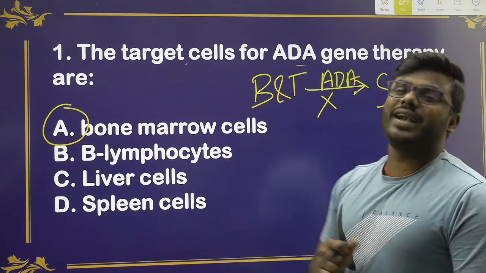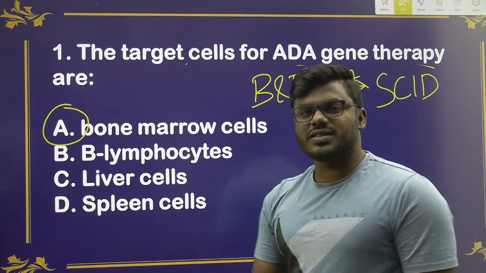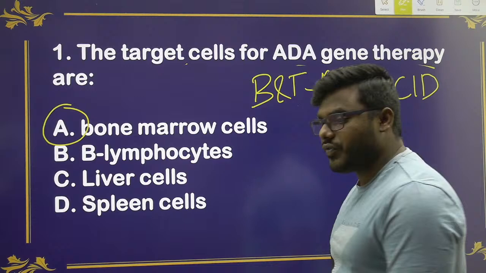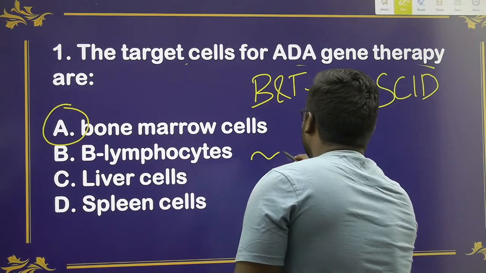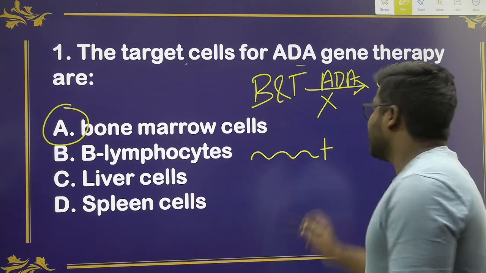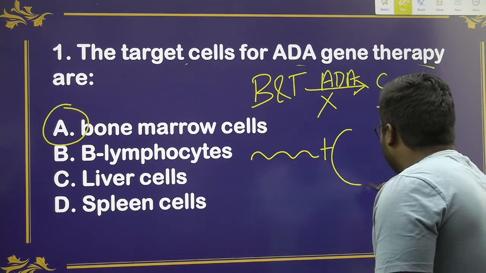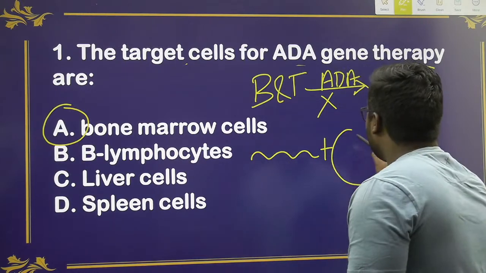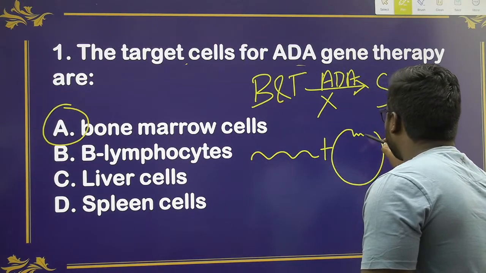Now in SCID, what are we doing? First, we will take the ADA gene from the healthy donor. After that, we introduce this gene into a suitable vector. I told you in the classroom, most probably we will use a retrovirus as a vector.